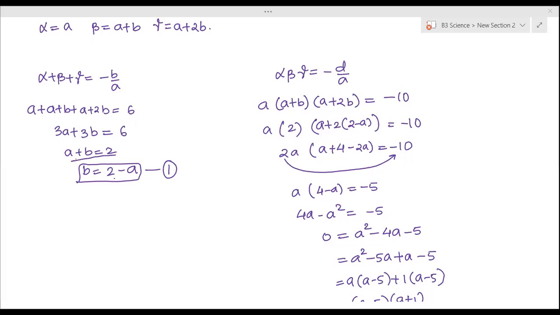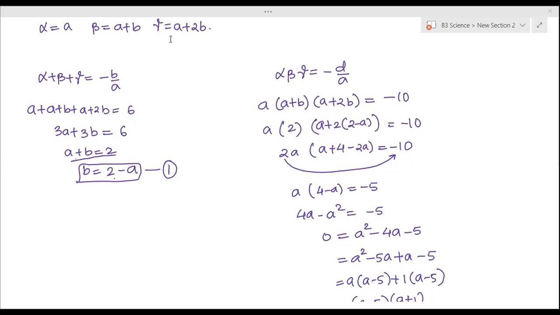Excuse me, ma'am. And for finding the zeros, what value should be substituted? Alpha is what? Alpha, beta, and gamma. So they have given the value of alpha, beta, gamma in terms of A and B. So substitute the value of A and B to get alpha, beta, and gamma. Ma'am, but there are two values, right? Minus 1 or 5.